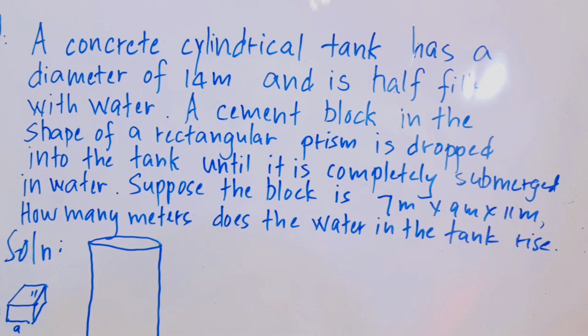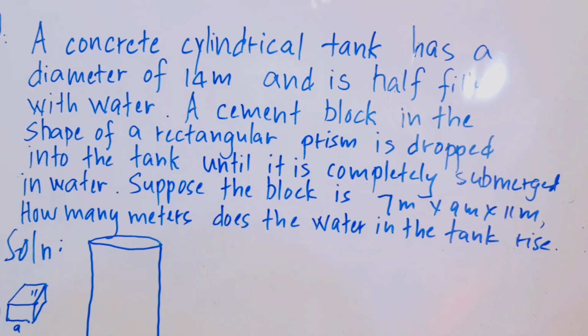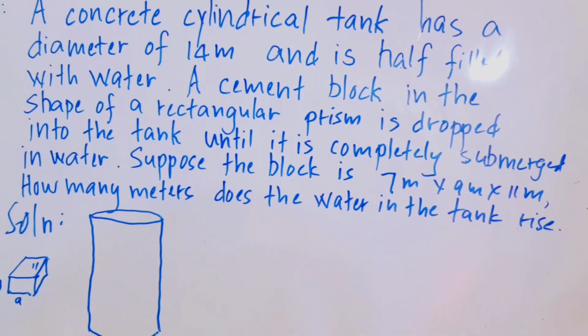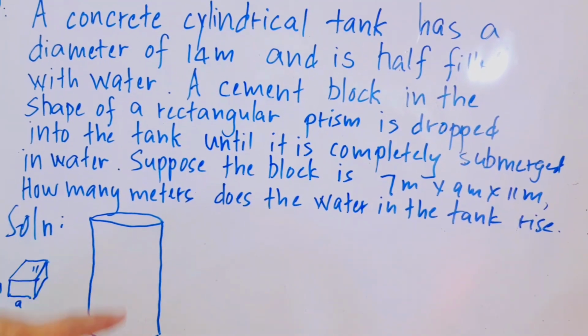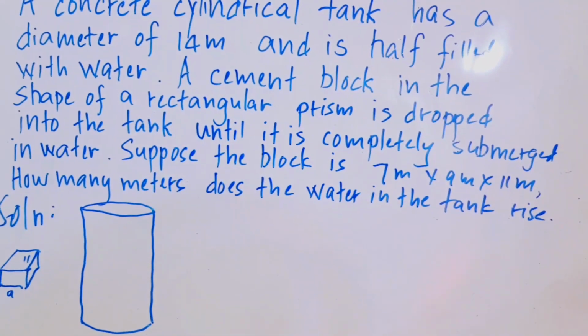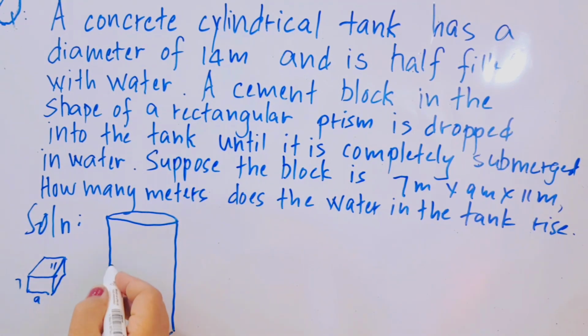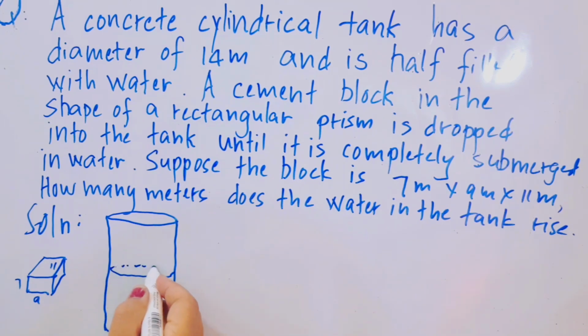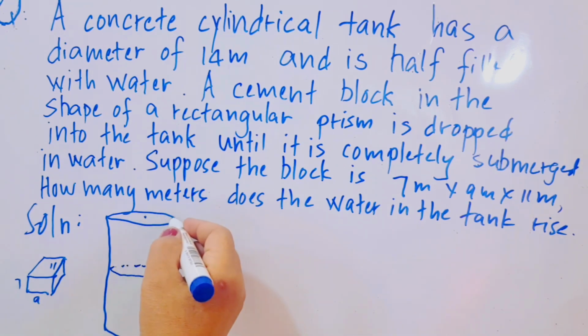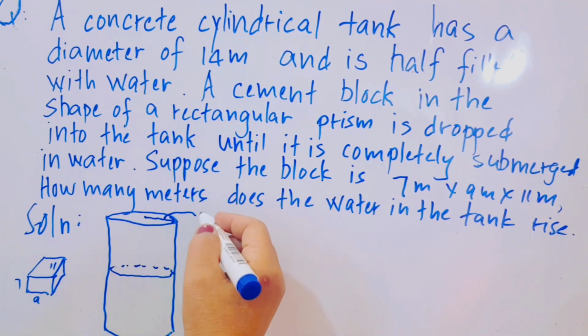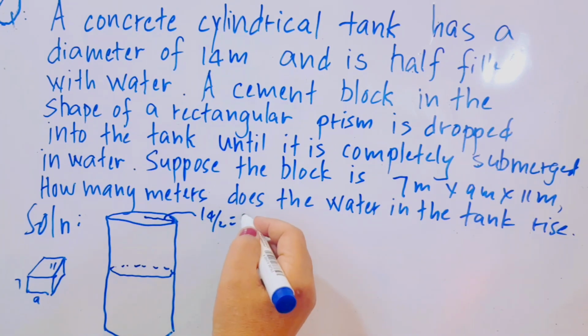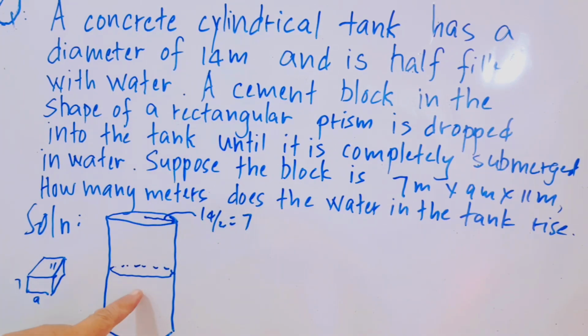So here, we're looking for the rise in meters when the block is dropped in the water. This one is half filled with water, and it has a diameter of 14, so the radius is 14 divided by 2, which is equal to 7. Now this is half filled with water.